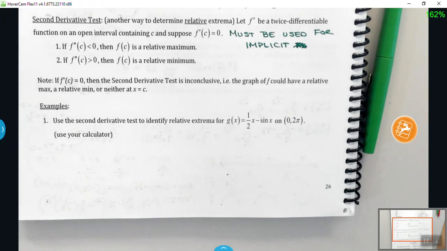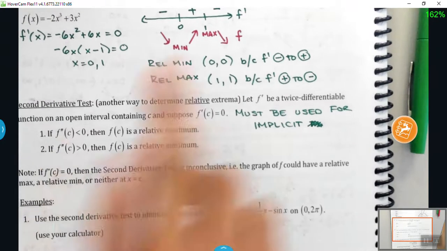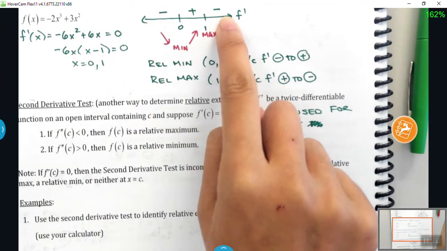That no longer works on a straight vertical line. I can't draw from left to right because I come back around, right? So because I don't work on a straight line for implicit functions, I can't do a number line test, which means I can't do the first derivative test, because the first derivative test is completely dependent on me being able to do a number line and test values on either side.